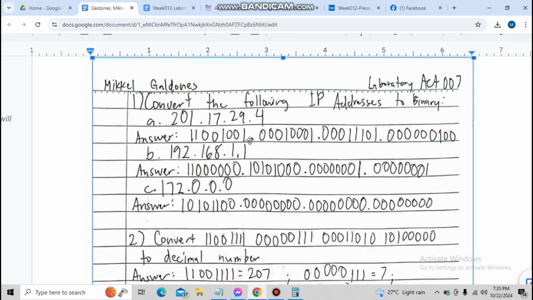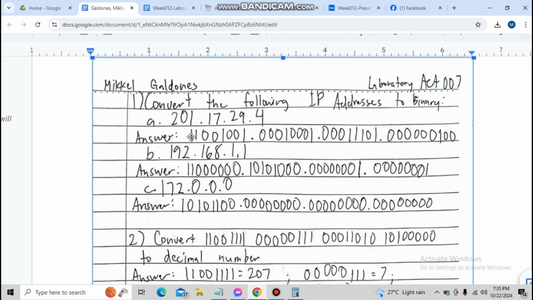We read from left to right, and we only count the digits that read 1, or true. These digits always come in powers of 2. So for example, this is 1, 2, 4, 8, 16, 32, 64, and 128. So that is how we read binary numbers.